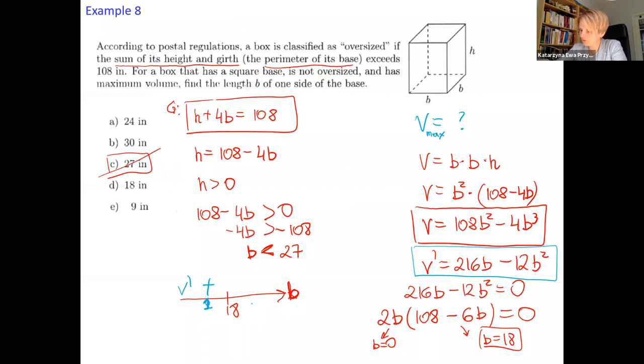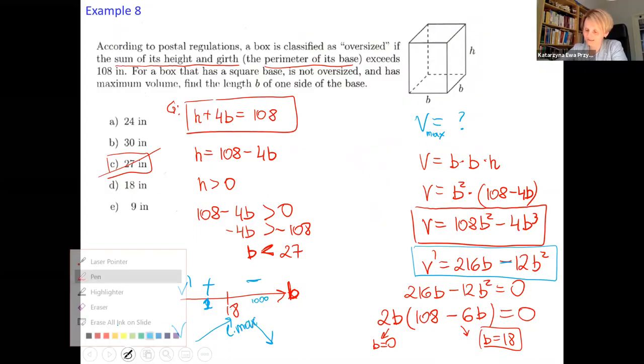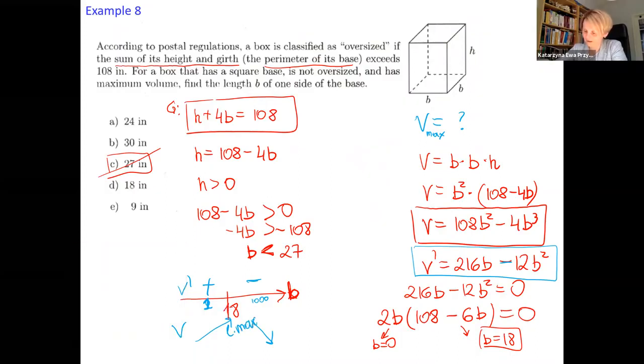And when I put a huge number, like let's say 1,000, we will have a negative value. Then volume is increasing, then decreasing. We will have a local maximum at 18. At 18 inches it is also the absolute maximum. Okay, this is the correct answer, 18.